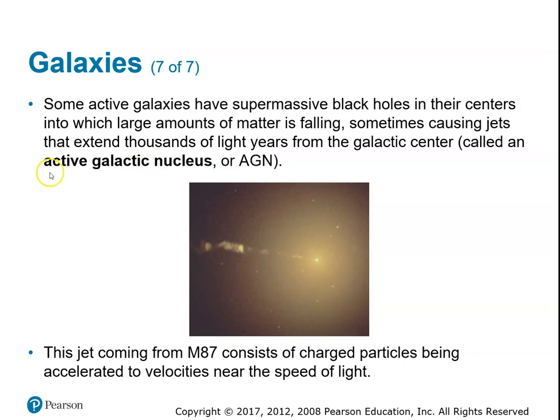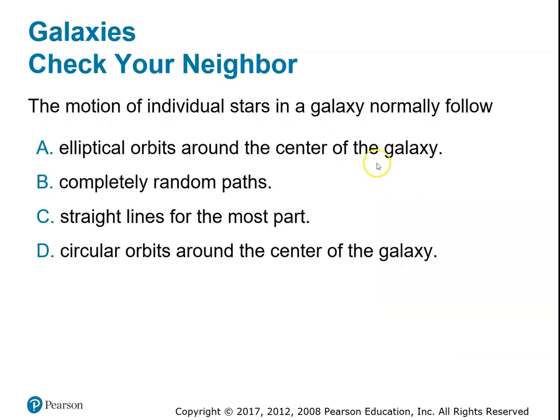There are tremendous amounts of material falling into this supermassive black hole, causing tremendous amounts of energy to come flying out, and that's the active galactic nucleus. The material starts going around the black hole in an area called an accretion disk, and in that accretion disk the material rubs against itself and heats up dramatically, and that releases tremendous amounts of energy. All right, so that's what these active galactic nuclei are.